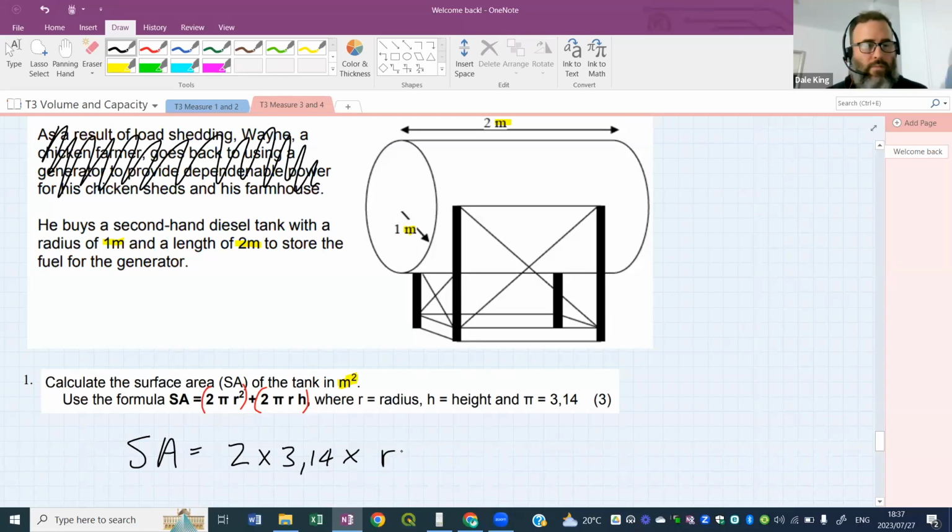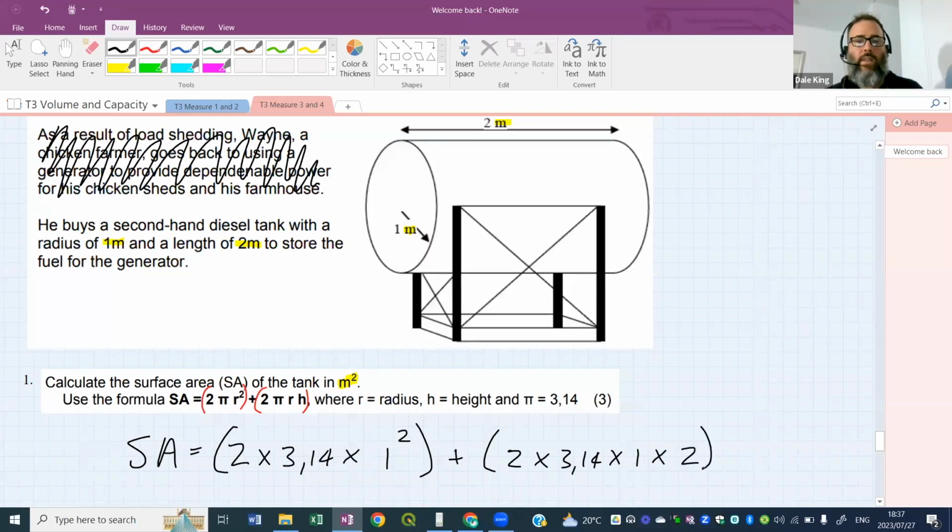It's 1 squared. Plus, I'm going to do all that. I like using brackets. Don't shoot me. Plus the second part of this is 2 times pi, which is 3.14, times the radius, which is 1, times the height, which they say is 2. All right, there's all our numbers in.